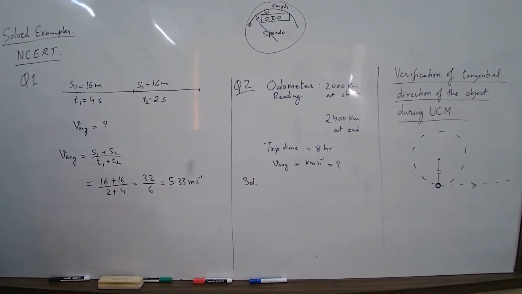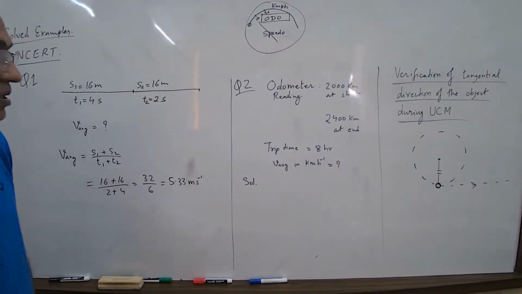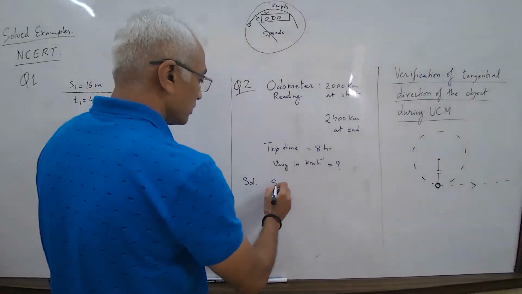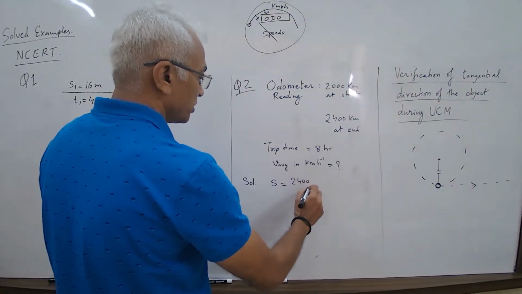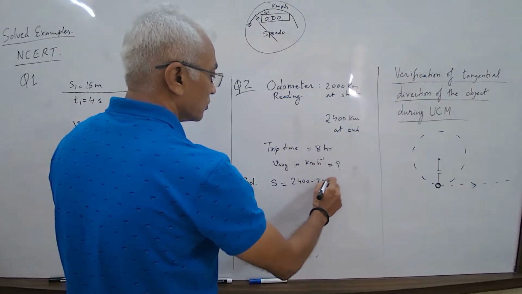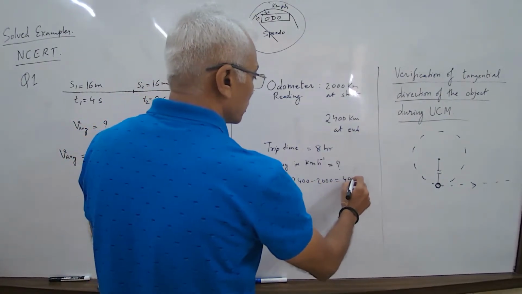So what is the distance here? 2400 minus 2000. So trip distance is 400 kilometers.